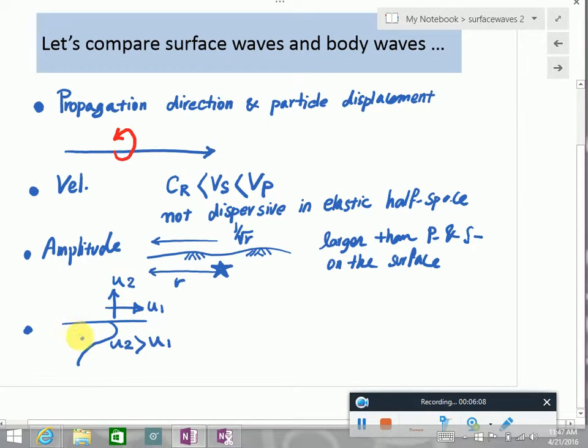And at about 1 lambda, it becomes very small. So the motion is confined to, let's say, 1 to 1.5 lambda from the free surface.